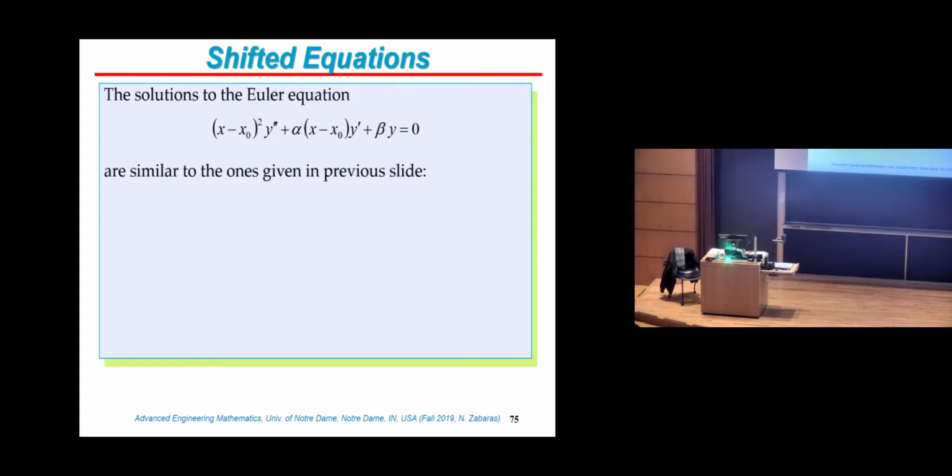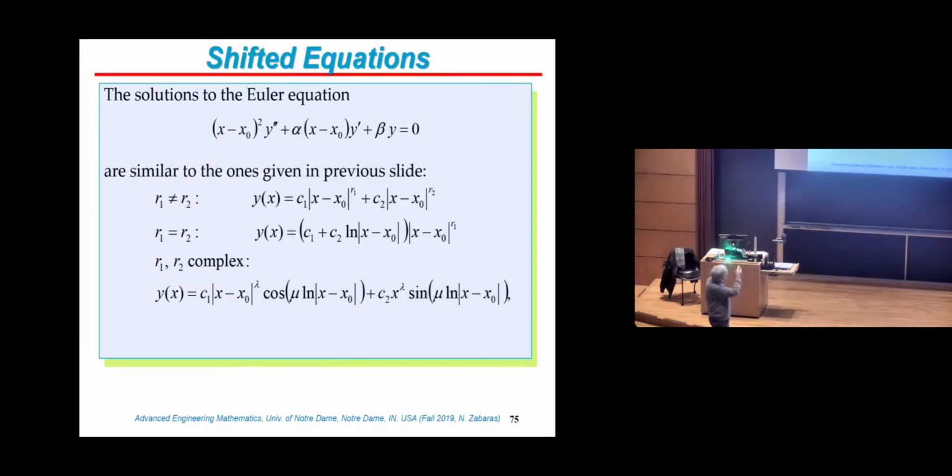If we repeat everything we discussed today, how will the solution look? Instead of a solution of the form x to the power r, what do you think the solution is going to look like? X minus x0 to the power r. So everything we discussed will be true for this equation as well, by just changing variables.